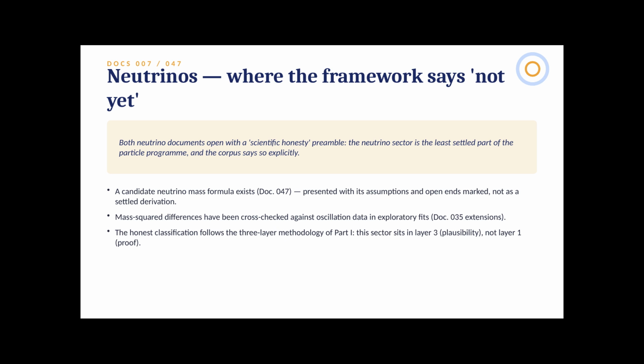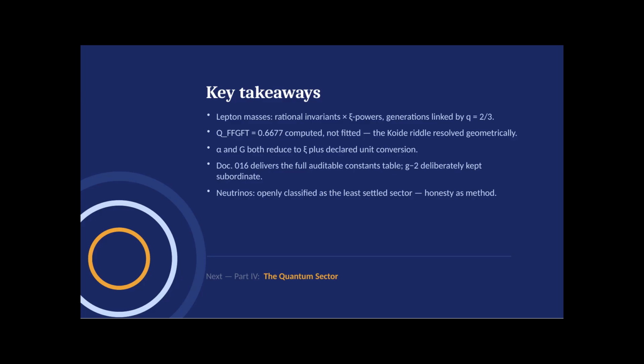In the three-layer scheme from part 1, this sits in layer 3, plausibility, not layer 1, proof. And that matters. A framework that correctly grades its own weak spots is more trustworthy than one that claims everything is settled.